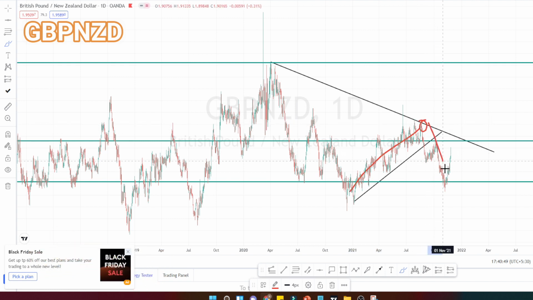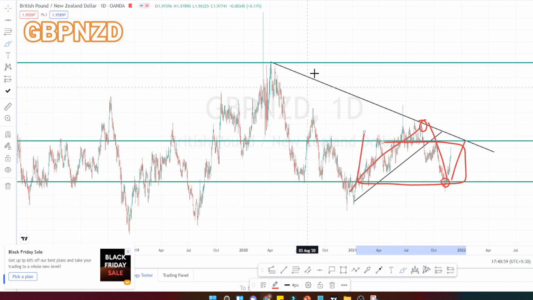Currently it has retraced again and found support over here, and at present the price action is in an uptrend within this range over here. So it has not formed a new high, or it has not formed a new low. It is a range bound market when we look at the price action from the daily time frame.